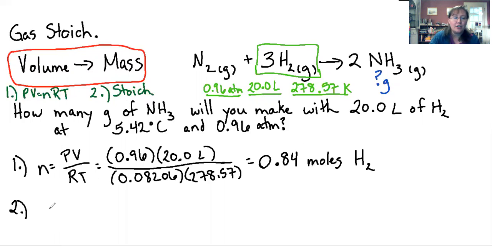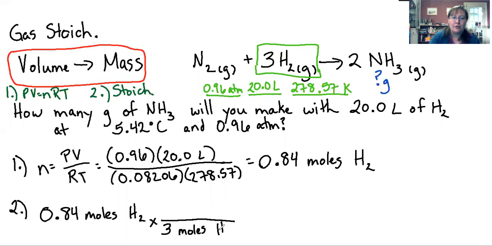Now for our second step, we're going to do stoichiometry, but we're going to start with this moles of H2. So we have 0.84 moles of H2 times, and now the next piece is a mole ratio. That's 3 moles of hydrogen and 2 moles of ammonia.